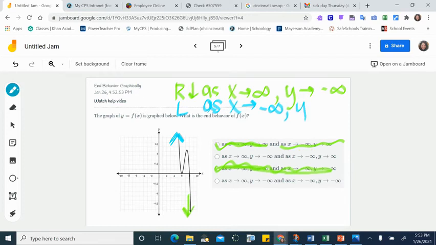Well, the y looks like it's going up to me. So y is approaching positive infinity. So as x is negative, y is positive. That looks like it could be it. Because this says negative, negative, so that's not it. So there we go.